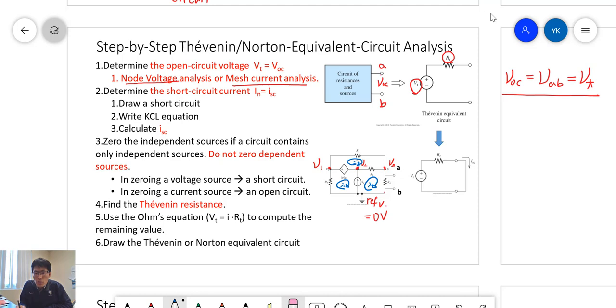So if you find the open circuit voltage VAB from the original circuit, then that is the Thevenin voltage. Is that correct? Yeah. So you can calculate the open circuit voltage by using node voltage analysis or mesh current analysis. So one component we can find the value.